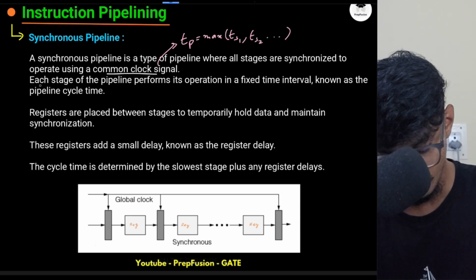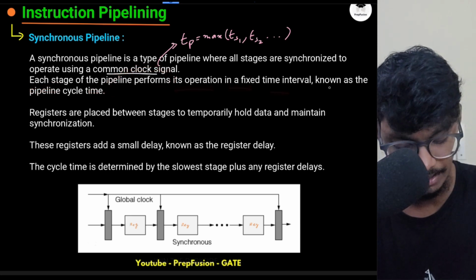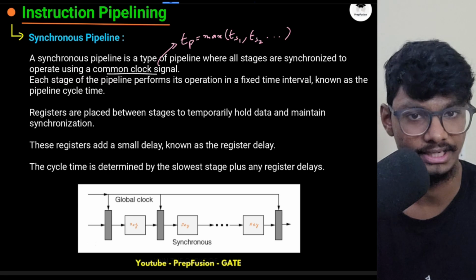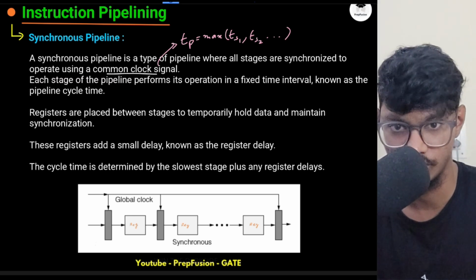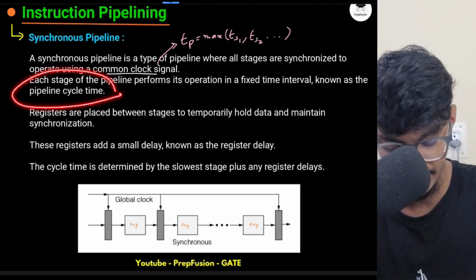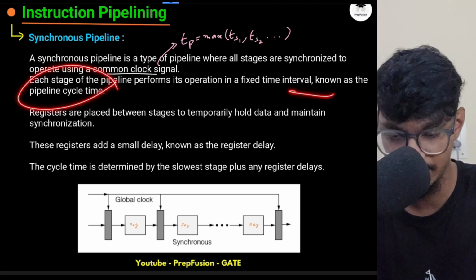Each stage performs its operation in a fixed time interval known as the pipeline cycle time. I have already solved a question using this concept. Each stage will complete its task within the pipeline cycle time.